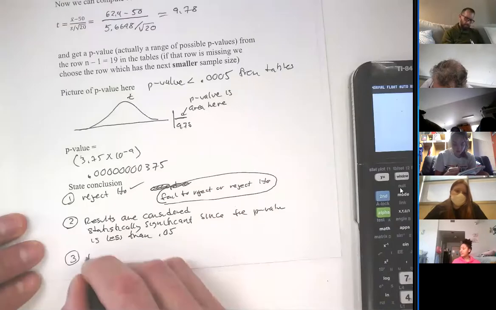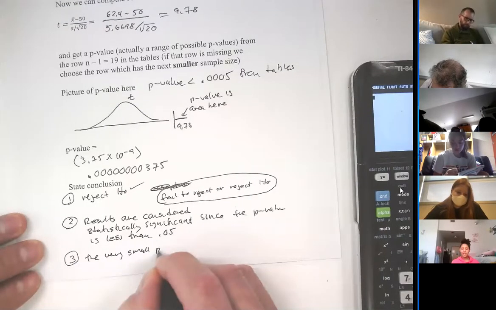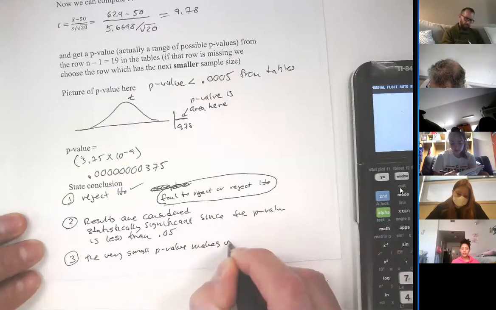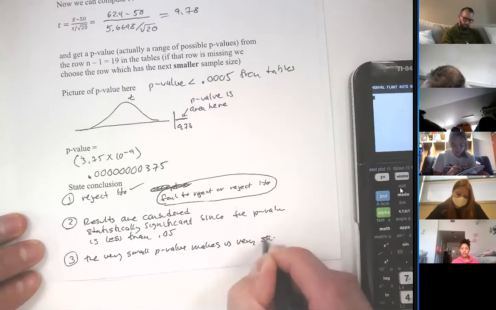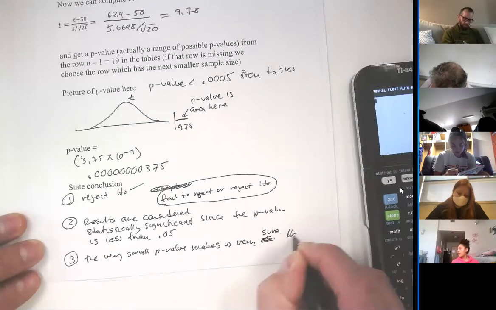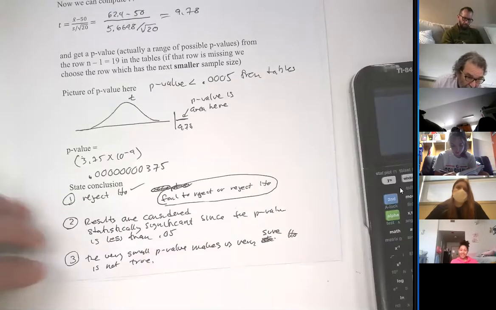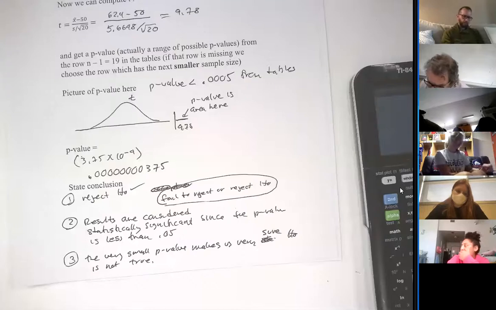The very small p-value makes us very sure that H0 is not true. So it's beyond statistical significance. It's the tiny p-value. It's almost impossible that the null hypothesis could be true.